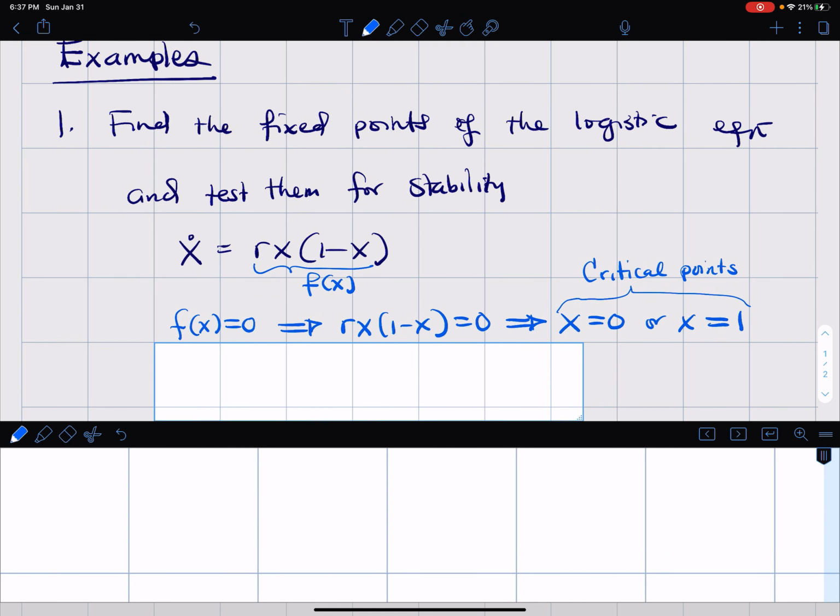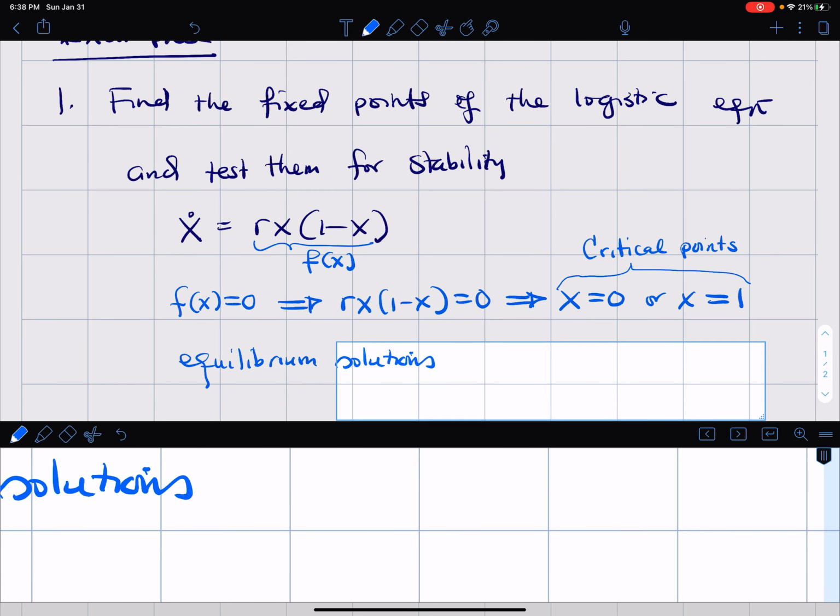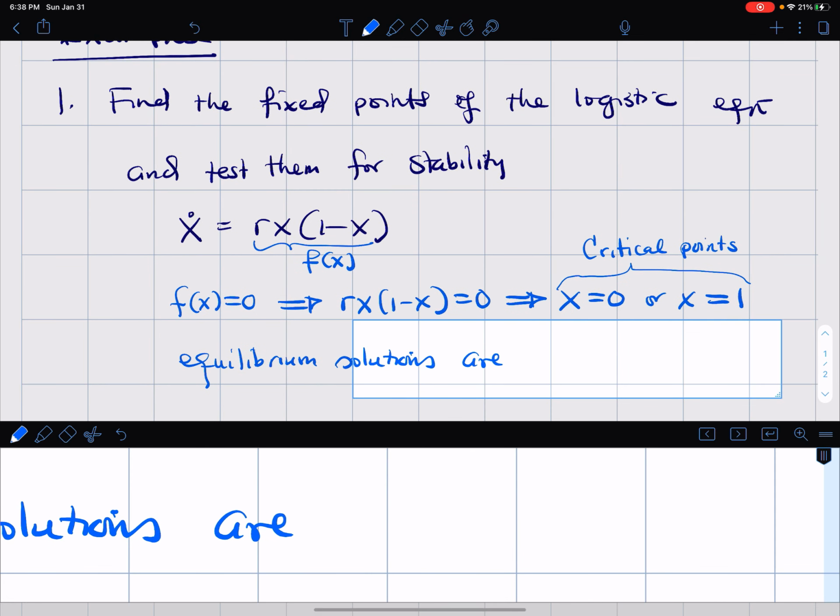All right, so our equilibrium solutions are x = 0 and x = 1.